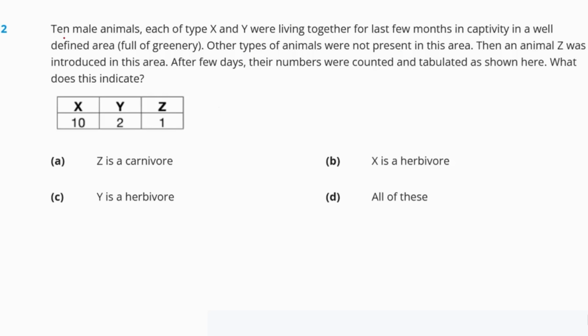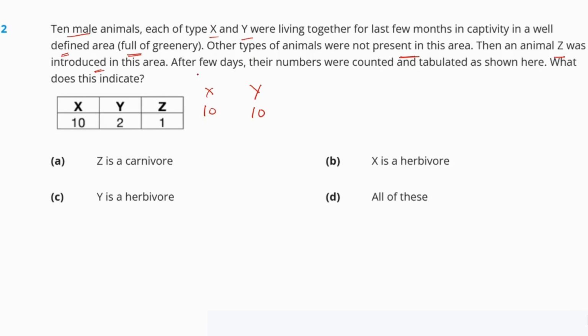Coming to question number 2: 10 male animals, each of type X and Y, were living together for the last few months in captivity in a well-defined area full of greenery. Other types of animals were not present in this area. Then an animal Z was introduced in this area. After a few days, their numbers were counted and tabulated as shown here. What does this indicate? So students, X and Y, both male, were 10 in number initially, and they were kept in captivity in a well-defined area.